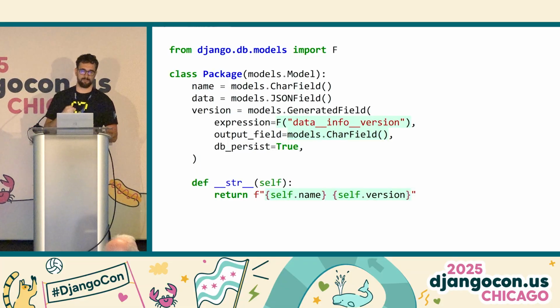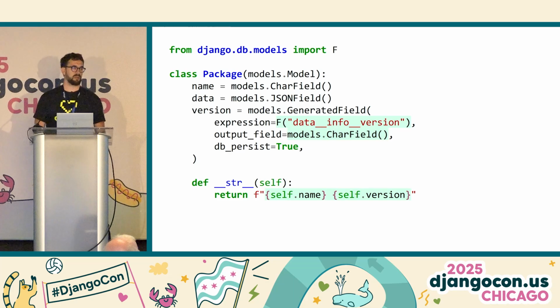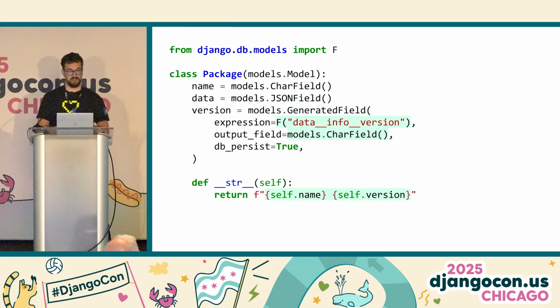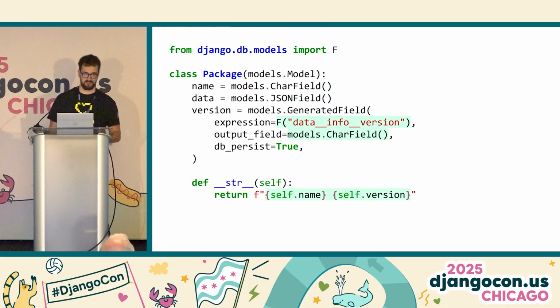I created a package model with only a name and a JSON field which contains the data. What we want to do is to specify the name of the package and bring back from PyPI some information on the packages and put it directly in the data and automatically extract the version. We are accessing only 2 levels of keys in this data.